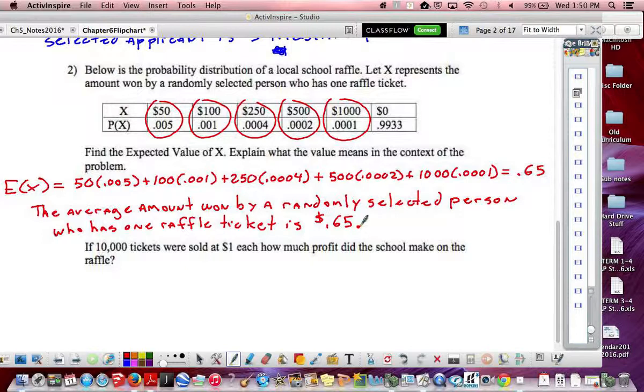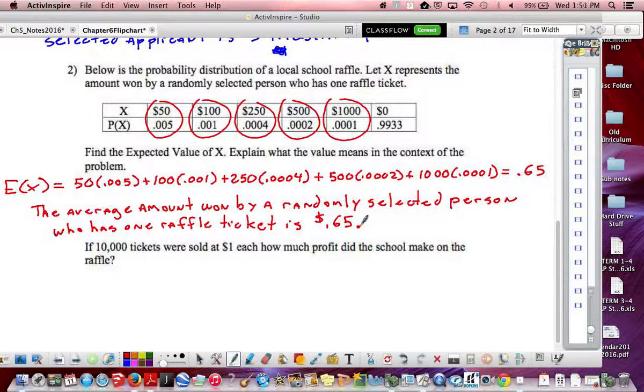Basically, it's like saying, if I distributed the winnings evenly among every single raffle ticket that was sold, each person's going to get 65 cents. Not a whole heck of a lot of money, is it?